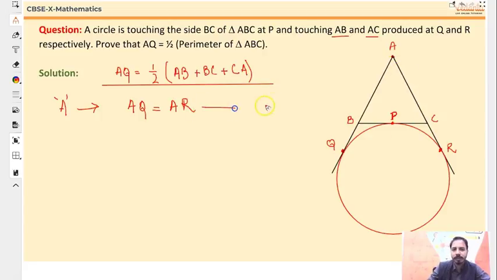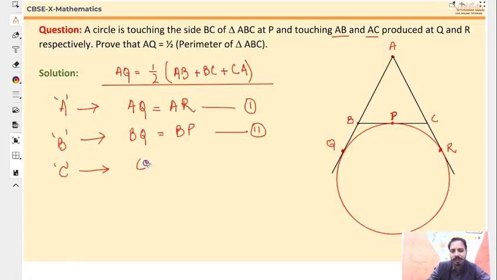This is my first relationship. Next, I have one more external point, that is B. From this external point B, you can see BP and BQ, so I can also say that BQ is equal to BP. This is relationship number 2. Similarly, from point C, I will have two more tangents, which is CP equal to CR. So this is relationship number 3.